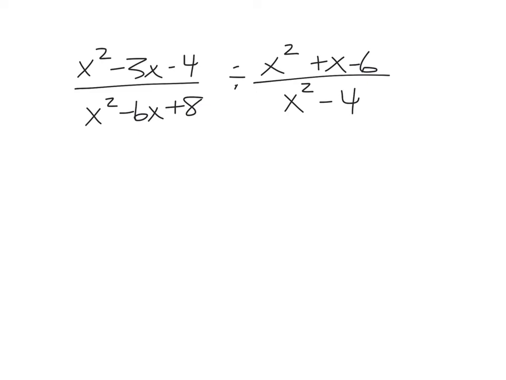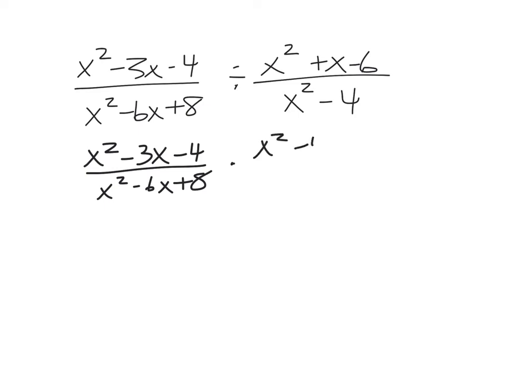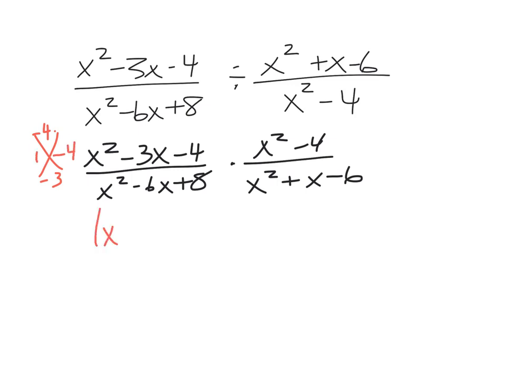Last one, we're dividing, so the first step is to keep your first fraction, change to multiplication, and multiply by the reciprocal, so flip your second fraction. Hopefully you're getting good at seeing these difference of squares because they come up a whole lot. What two numbers multiply to negative 4 and add to negative 3? That would be 1 and negative 4. So x plus 1, x minus 4.